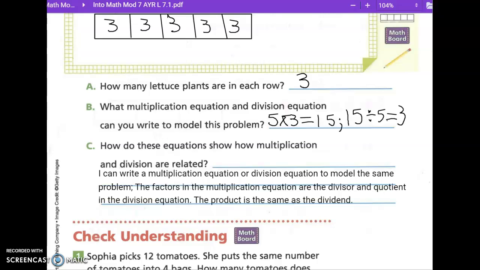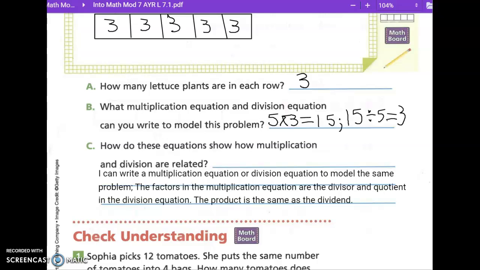I can write a multiplication equation or a division equation to model the same problem, which we did up here in B. The factors in the multiplication, the 5 and the 3, are the divisor, that's the number we're dividing by, so the 5, and the quotient, which is the answer in the division problem, are the same. And the product is the same as the dividend.